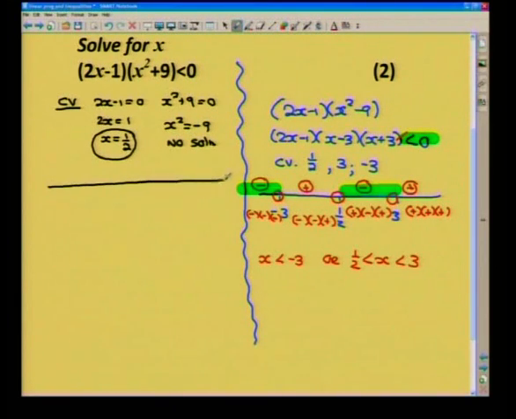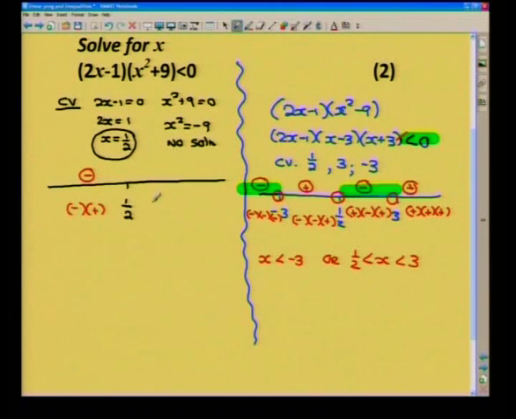So we would draw our number line, pop in our half, and we would still do exactly what we did before. We would test. So let's choose a value this side of a half. Let's take 0. If I put 0 in there, I'm going to have a minus. If I put 0 in there, I'm going to have a plus. So that's a minus. Then if I choose this side, let's take 1.